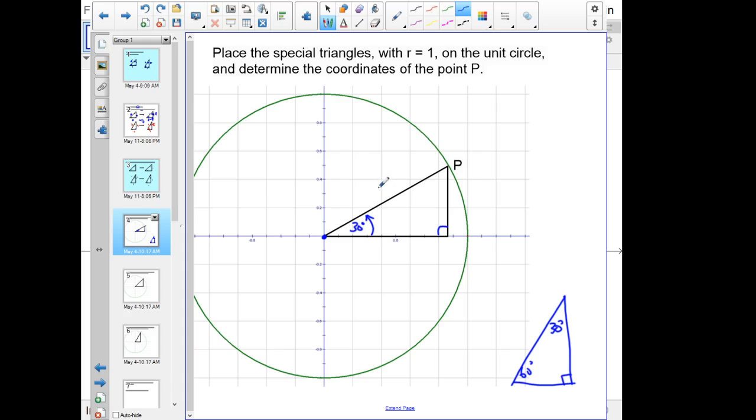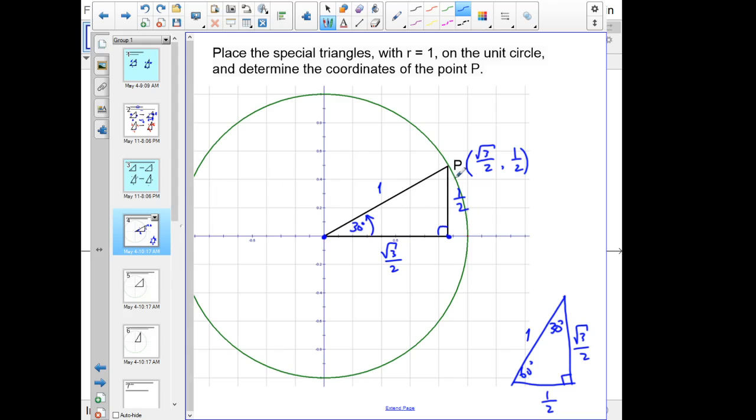We arranged it so that the hypotenuse of that special triangle is 1, and once we changed the proportions so the hypotenuse was 1, the short side over here was 1/2, and the long side here was √3/2. So that means that the point itself is going to have an x-coordinate, that's the length of this side, which is √3/2, and a y-coordinate, which is 1/2.